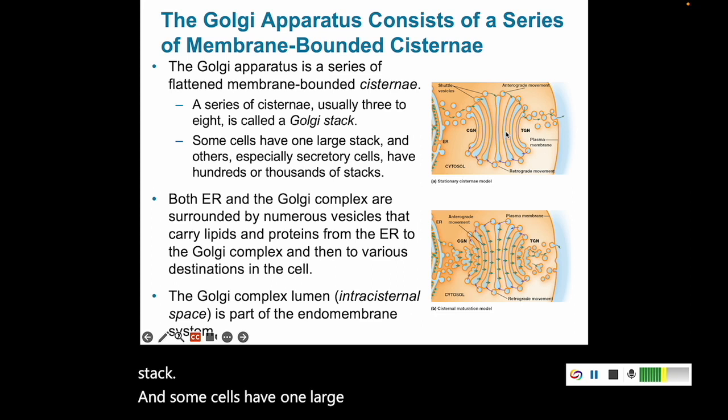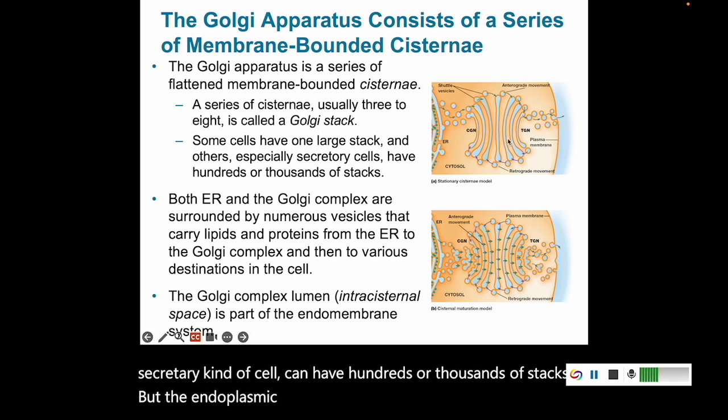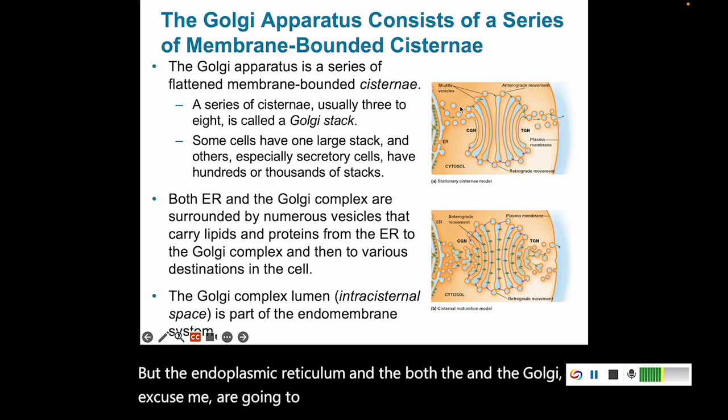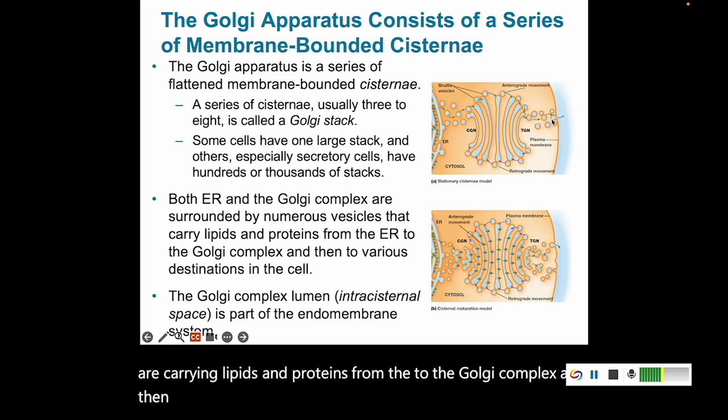Others, especially secretory cells, can have hundreds or thousands of stacks. Both the ER and the Golgi are going to be surrounded by all these vesicles that are carrying lipids and proteins from the ER to the Golgi complex and then to wherever its final destination is.